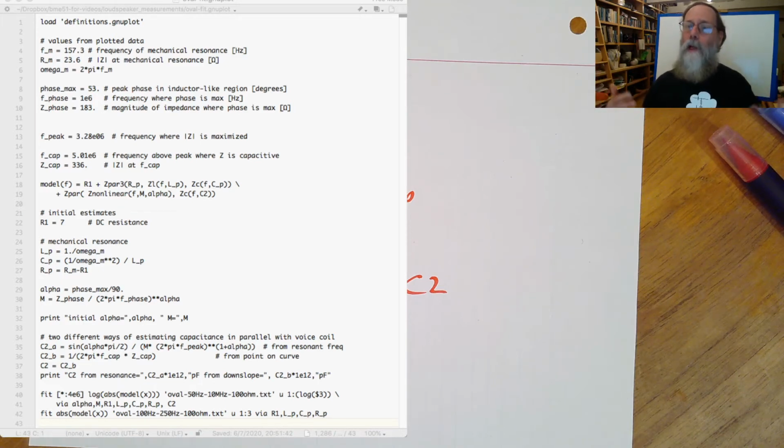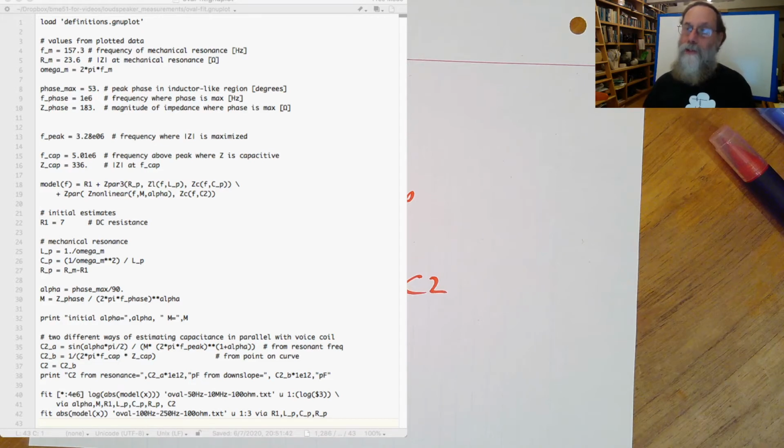So I want to do everything on a log scale. So I fit the log of the model, or actually the log of the absolute value of the model, because we're just fitting the absolute value of the impedance here. Fit the log of the absolute value of the model to the log of the data, and fit it with all the parameters, all 6 of them.